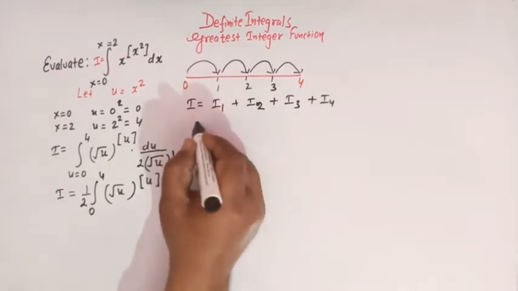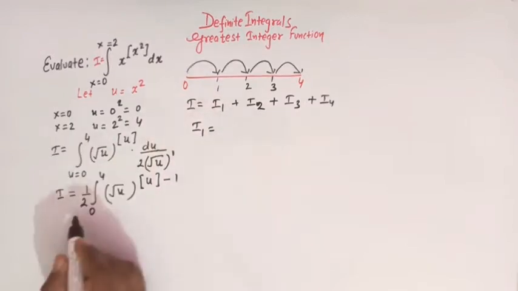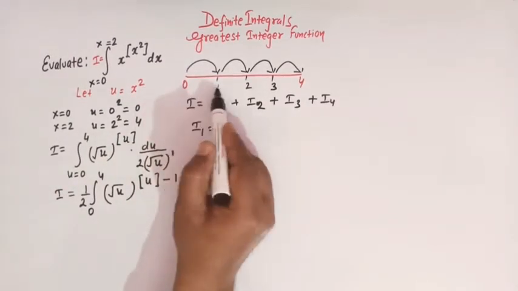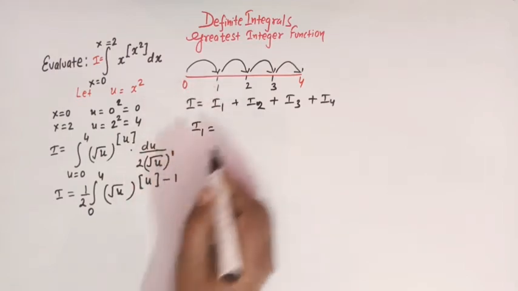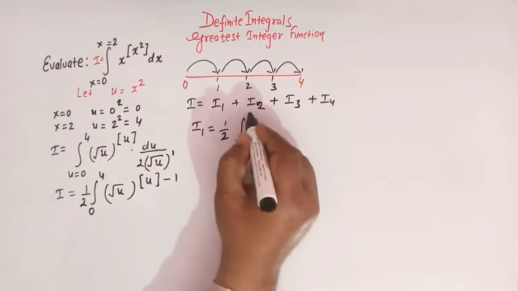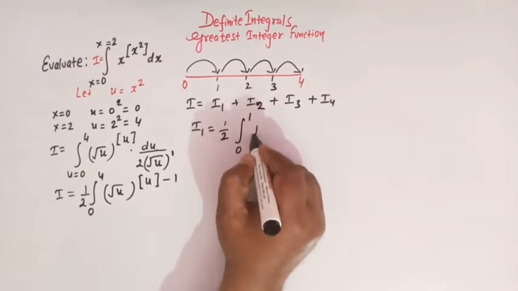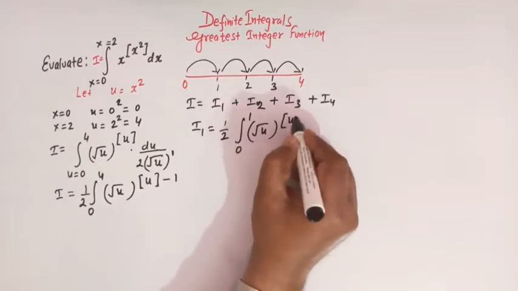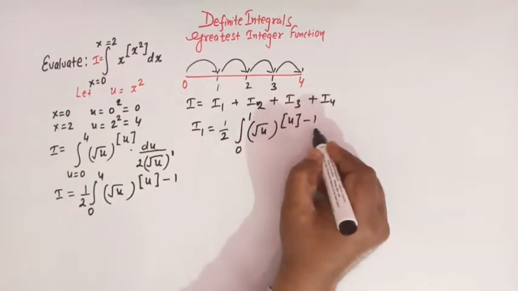Now I1 is from 0 to 1, so these are the two integer points. So we have half, and the integral from 0 to 1 of square root of u raised to greatest integer u minus 1 du.